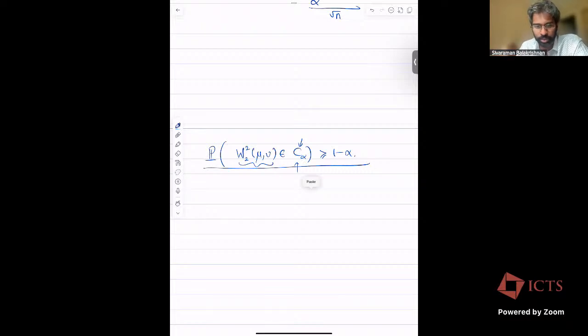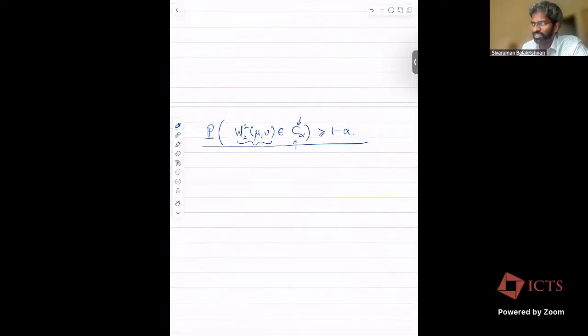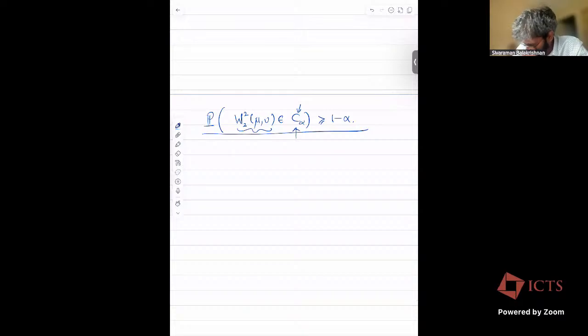It somehow captures appropriately my uncertainty in how well I've estimated this distance. The way statisticians do this: if I know the rate of convergence, then I can loosely construct such an interval. But that's not the way people normally do this. If you want a practical procedure, you probably want some scaling such that your estimate minus the truth converges in distribution to a normal 0, 1 or something like that.